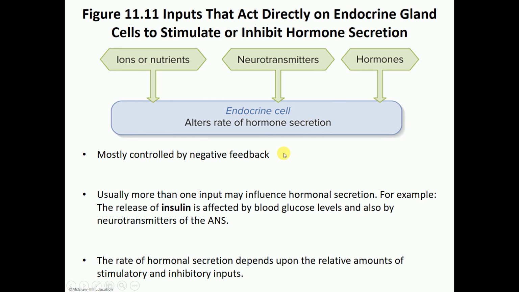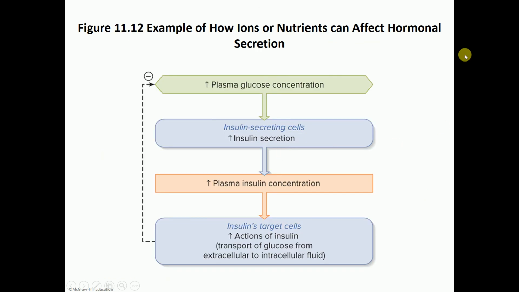And let's take a look here. This really talks about the ions or nutrients, giving you the example of glucose that we just went over. So in hyperglycemia, or increased plasma glucose concentration, that is going to stimulate the insulin secreting cells to make insulin.